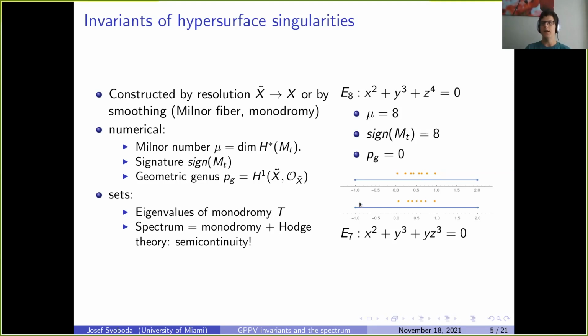And there is another reason why the spectrum is really interesting and important. This is not just the symmetry, but it tells us how the singularities change when we deform one to another. For example, you can take the E8 singularity, and you can add some term to the equation such that in the end you degenerate to a simpler singularity, which is E7.